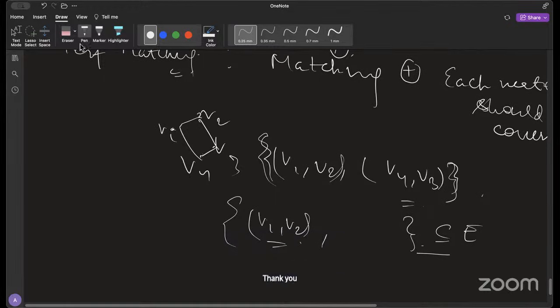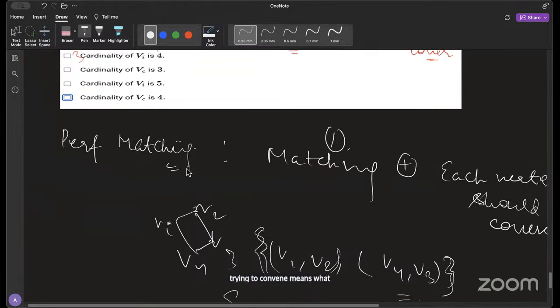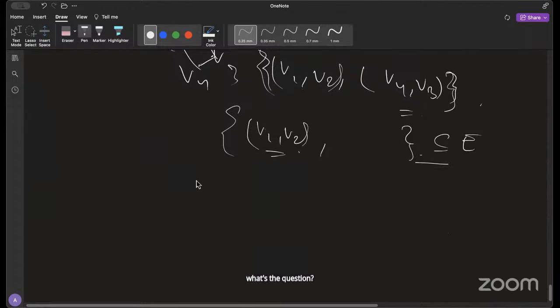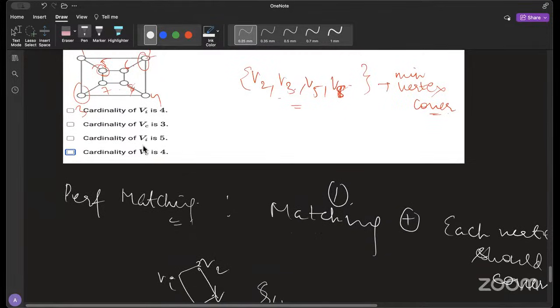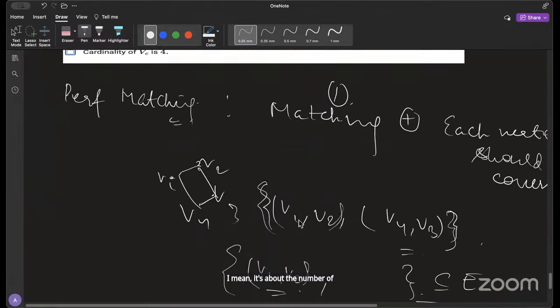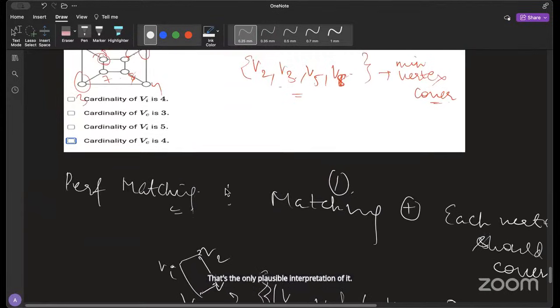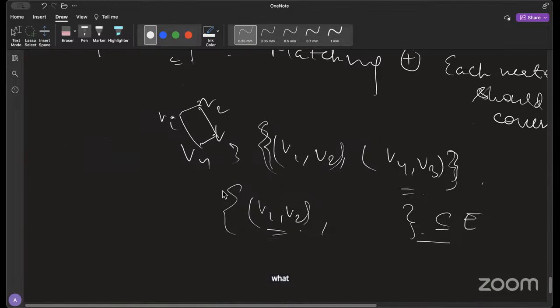Thank you. So, ma'am, when a question says that the perfect matching of a graph is 2 or 3, what is it trying to convey? What's the question? Perfect matching of graph is equal to 3. So what does this mean? I guess it's about the number of edges then, that's the only plausible interpretation. Means the set has cardinality 3. I still don't get your question.